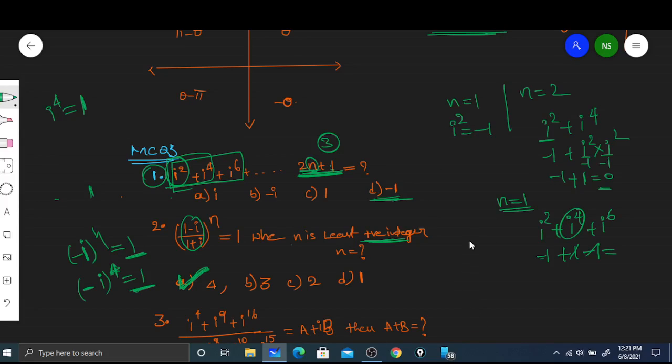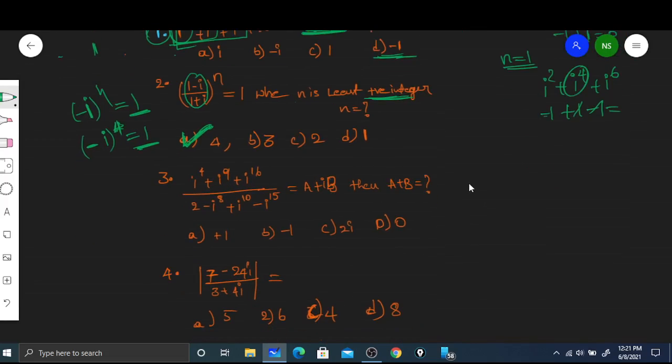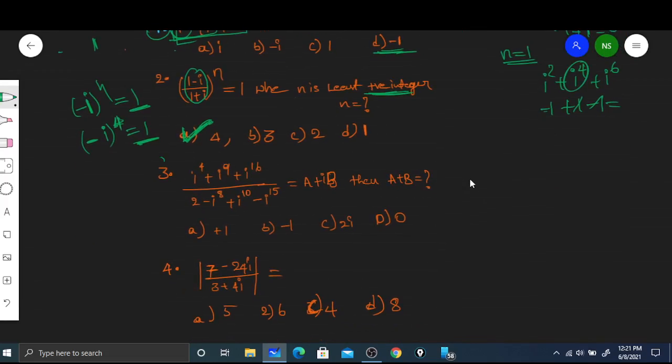Then question number 3. One second, it is buffering. The question 3 is like this: i power 4, i power 9, i power 16 divided by something, written in the form a plus ib, then what is a plus b? First we need to simplify this. i power 4 we know is 1. i power 9 is i power 8 into i, so 1 into i, we will get i. i power 16 again will get plus 1.